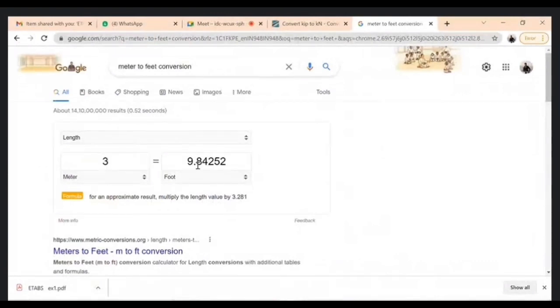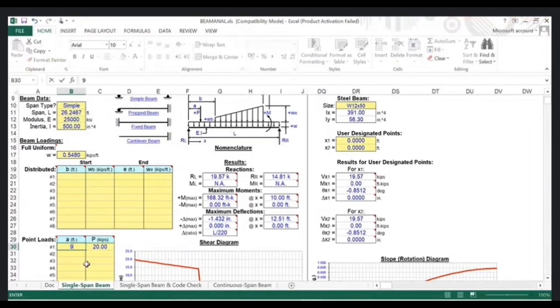So we put here 9.8425. Okay, and our load is 12 kilonewton. Converting the 12 kilonewton load into KIPS, that is 2.697.